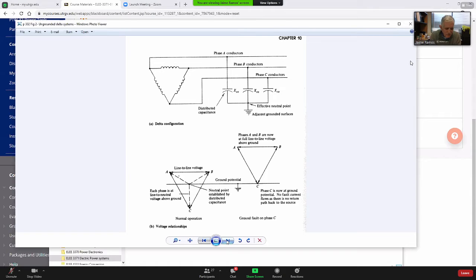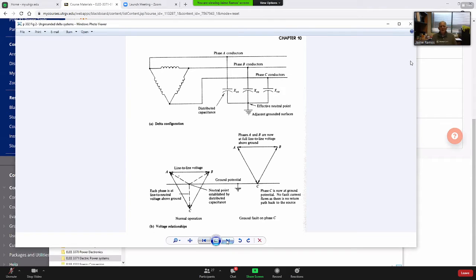If you look at the bottom left, B, we have a neutral point in the middle of the triangle. So the conductors A, B, C are at a certain phase to neutral voltage. That's the one on the left.